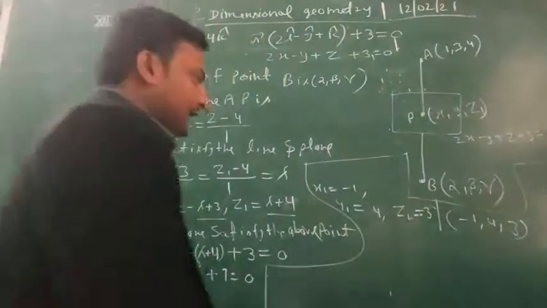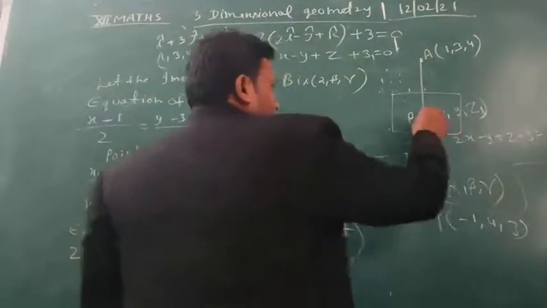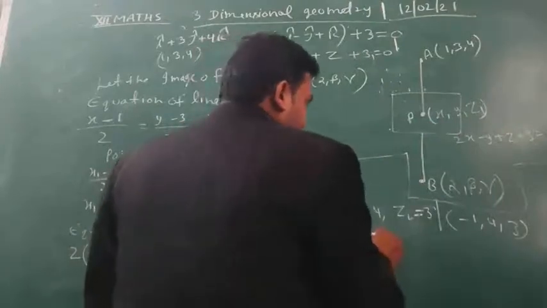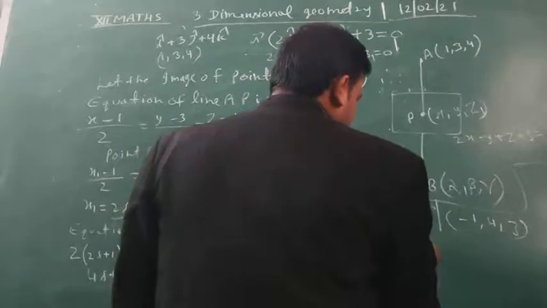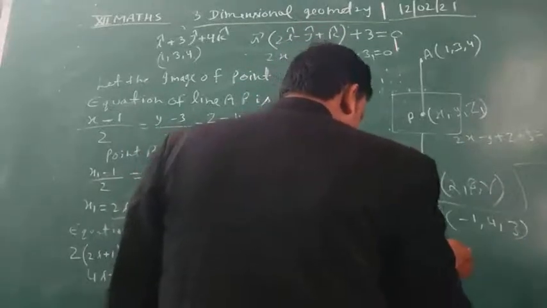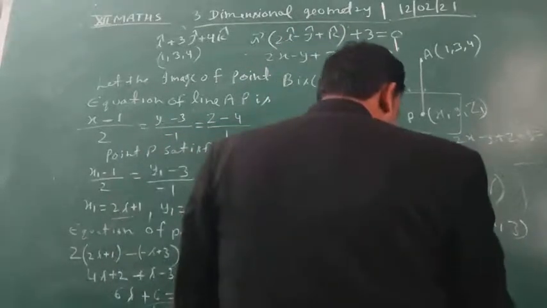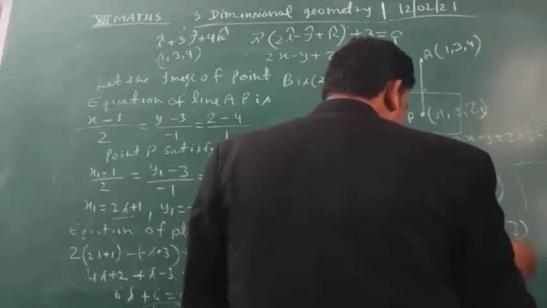Okay, so this P is the midpoint, so we write minus 1 is equal to 1 plus alpha by 2. So it will be minus 2 minus 1 is equal to alpha.